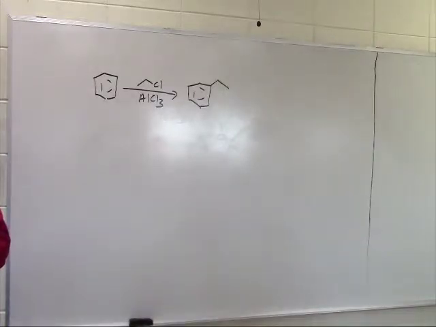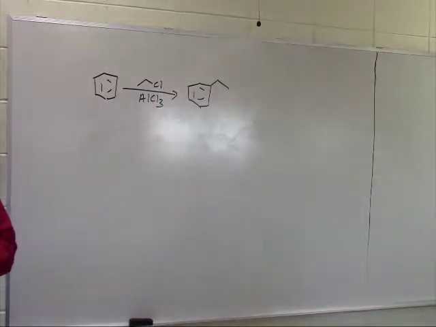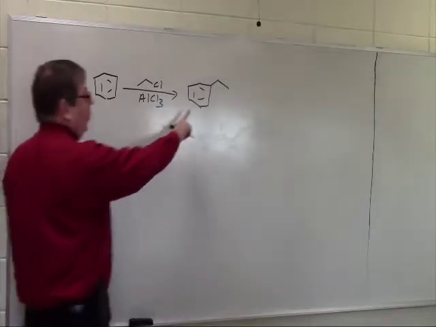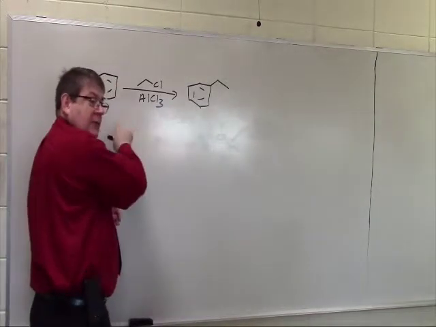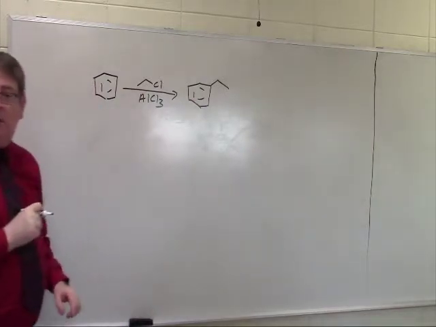Would it be because it's an electron donating group? Ah, and electron donating groups are what? Ortho-para. They are ortho-para, but I'm only putting one on. But they're also what? Activators, right? So my product, is it more reactive or less reactive than my starting material? More reactive.